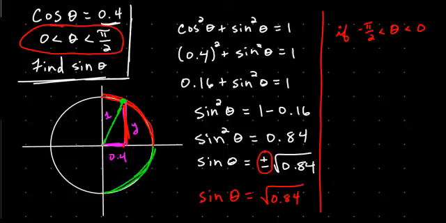So note that I can still have the same x coordinate 0.4 here, but the y coordinate would be down that direction. It's going to be the same value, but so there I would have had sine theta equals a negative square root of 0.84.